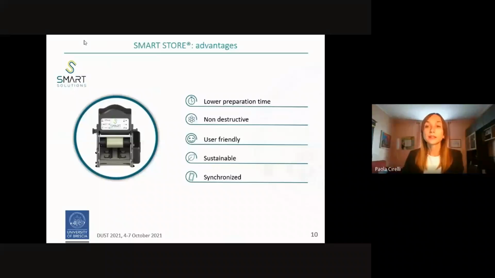The Smart Store is synchronized because all the results of the analysis can be stored in the Smart Store app, and the data can be accessed thanks to a QR code generated for each sample. And it is also sustainable because no toxic reagents are needed.